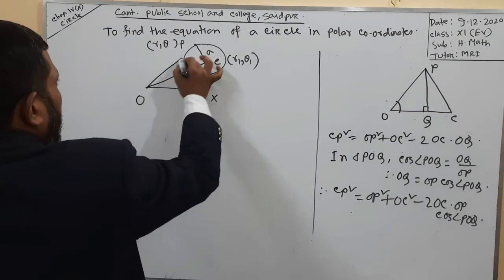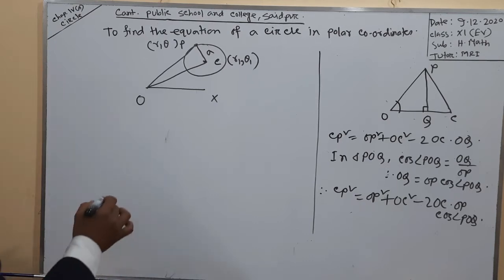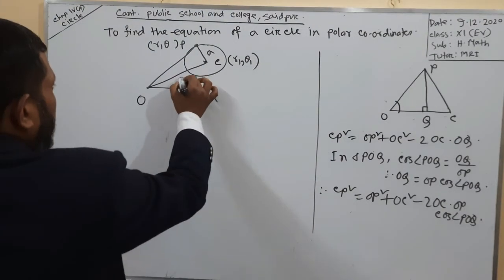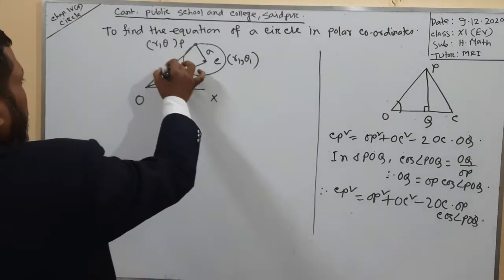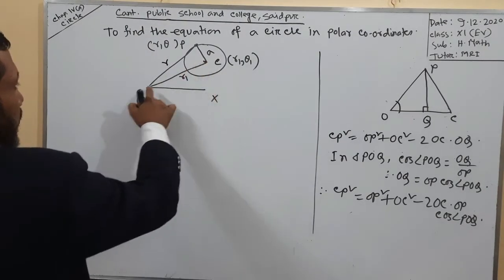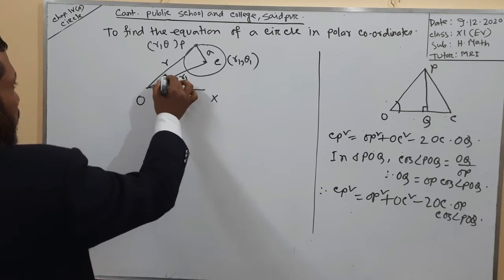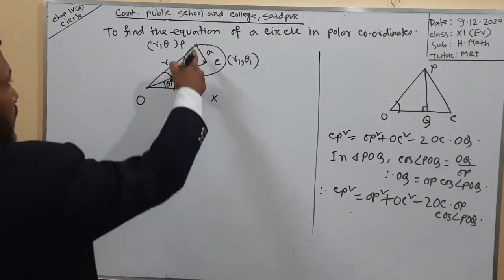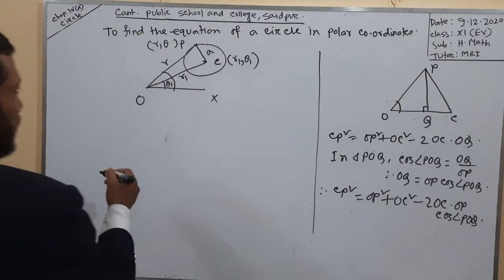If we join OC and OP, according to this figure we get OC equal to r1 and OP equal to r, angle COX equal to theta 1 and angle POX equal to theta.